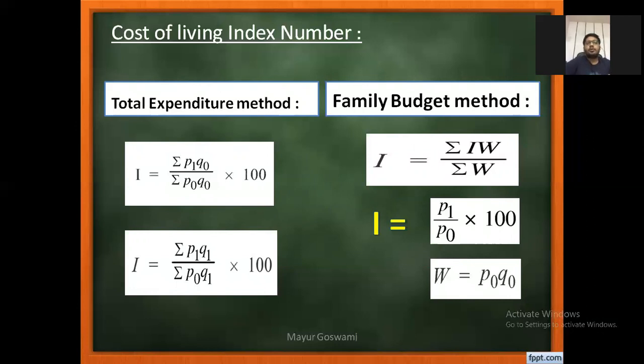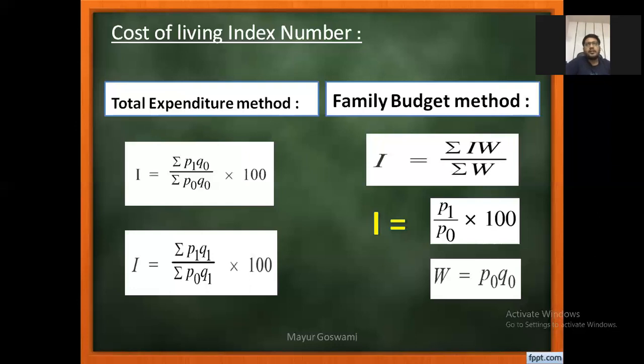For the total expenditure method, we have two formulas. One, I is equal to sigma P1 Q0 upon sigma P0 Q0 into 100. So what you are understanding with this formula is nothing but the last year's index number, right?